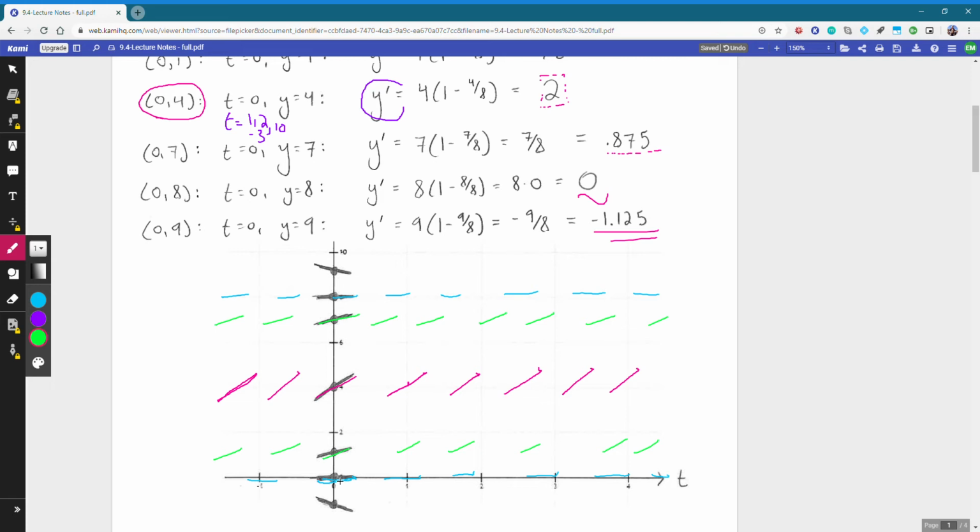Sketch those in, and then what color do we want to use next? Purple. We got these negative but slightly mellow slopes at 9 and -1. And with that, we have our nicely colored sketch of the direction fields for our differential equation here.